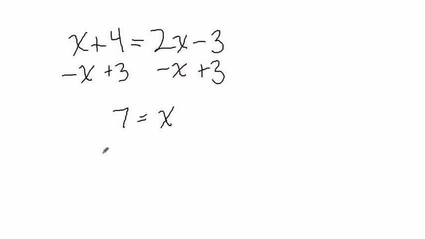Okay, so that's one technique to solve equations, is do the same thing to both sides. You can add, subtract, and multiply by any quantity you like. The only danger is with division, you have to be careful not to divide by 0. So keep that in mind.